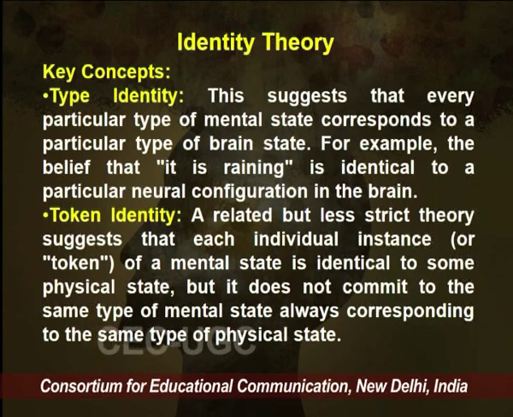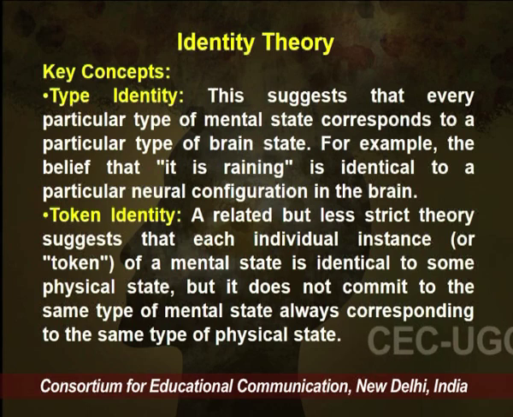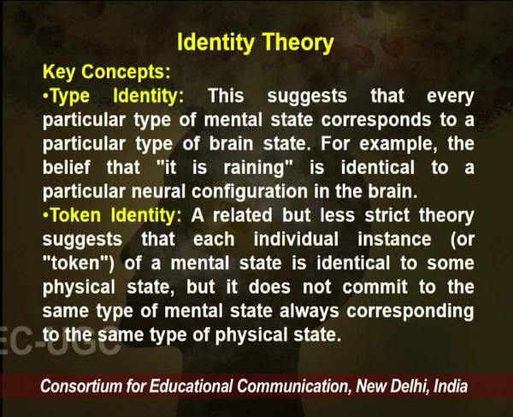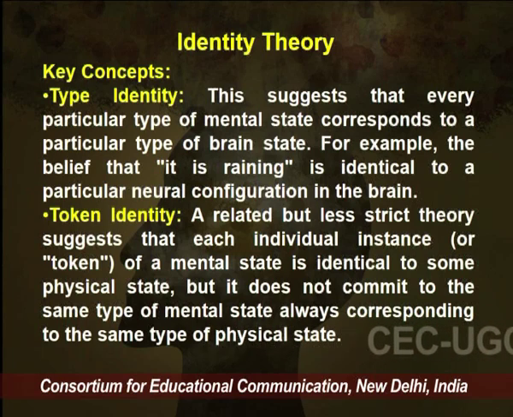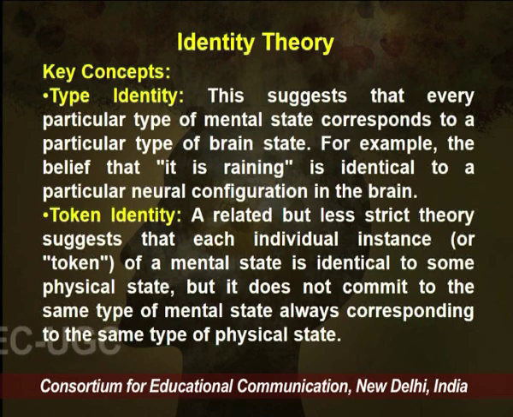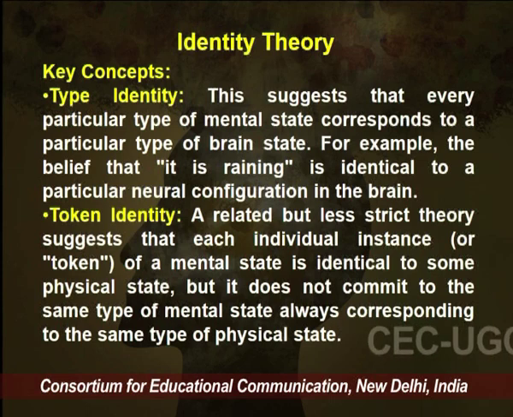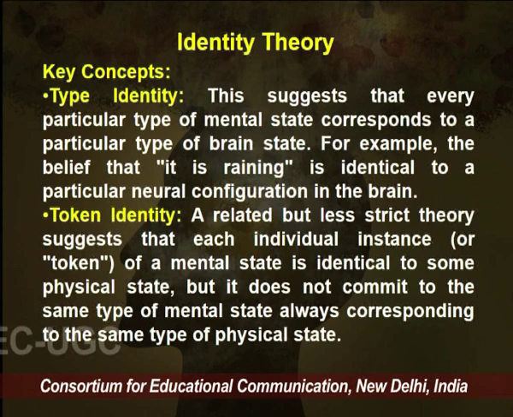Under identity theory, as we have just about discussed the type identity, there is also the second one, token identity. The type identity, as we had just about mentioned, suggests that every particular type of mental state corresponds to a particular type of brain state. For example, the belief that it is raining is identical to a particular neural configuration in the brain.